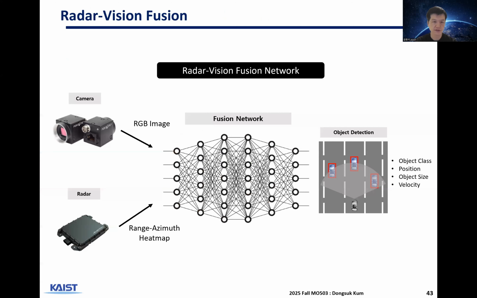So as you can see, camera is good at angular values. Radar is good at longitudinal, radial values. And camera is sensitive to weather and lighting, but radar is good in weather and lighting conditions. So it's very complementary.